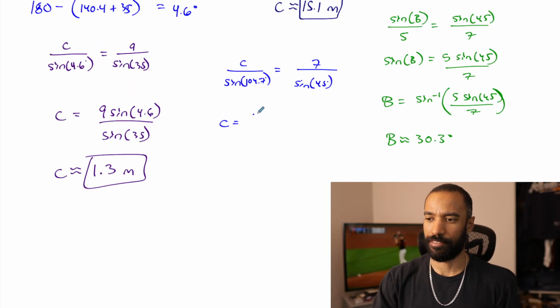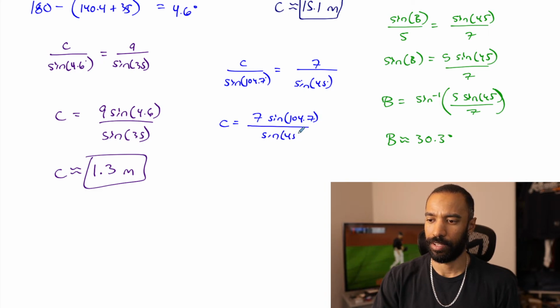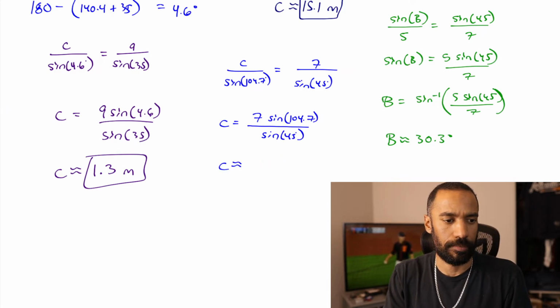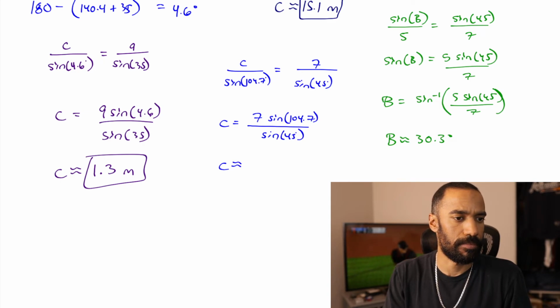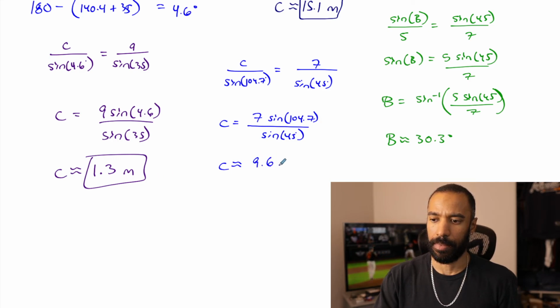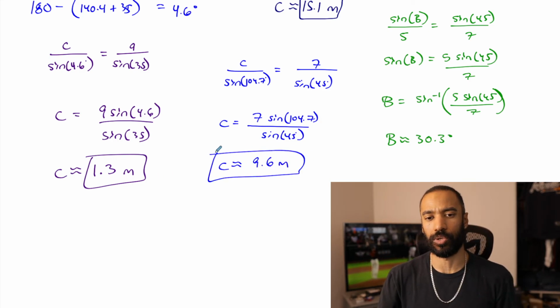So C is 7 times sine of 104.7 over sine of 45, which is about, how many meters? 7 times sine of 104.7 divided by sine of 45. 9.6 meters about. Hopefully you got the same thing as you tried it out.